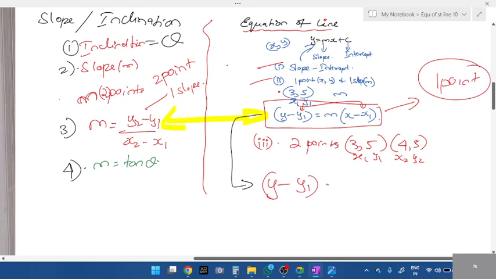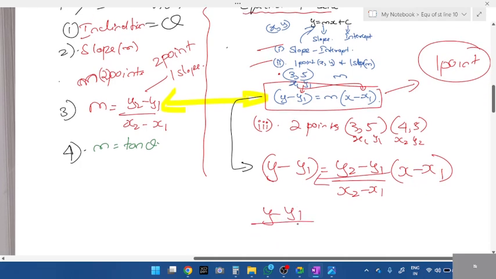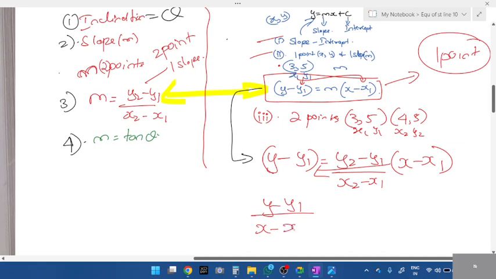Tell me what is the m value? Y2 minus y1 divided by x2 minus x1. Bring this x1 here. So what do you get? Y minus y1 equals y2 minus y1 divided by x2 minus x1, multiplied by x minus x1.